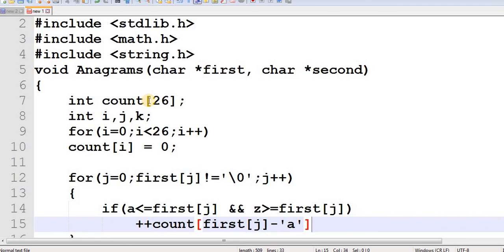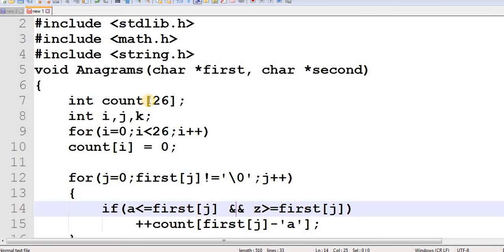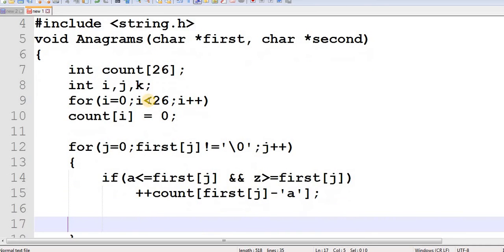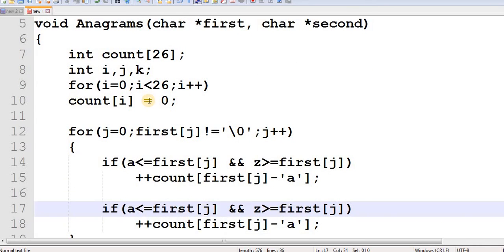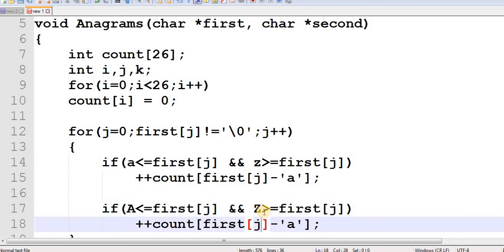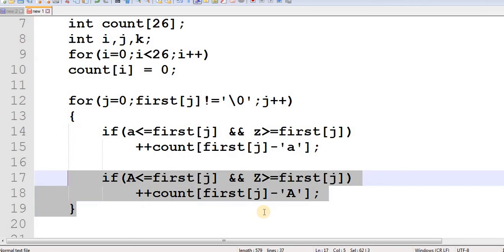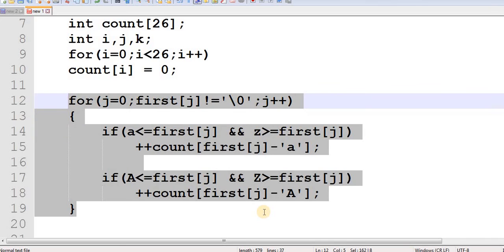So if we encounter a small letter, we subtract small a. Else, if we come across a capital letter, then instead of small a we use capital A. The logic is the same. For the second input string, the logic is the same, but instead of incrementing, we are going to decrement the count.